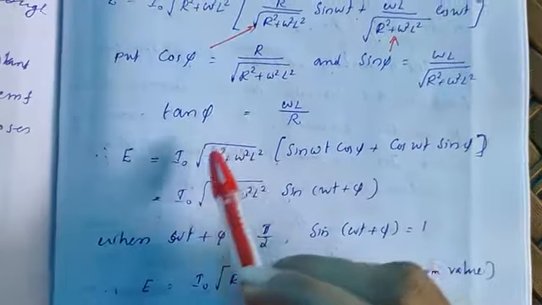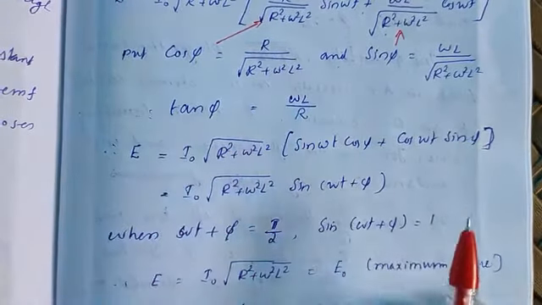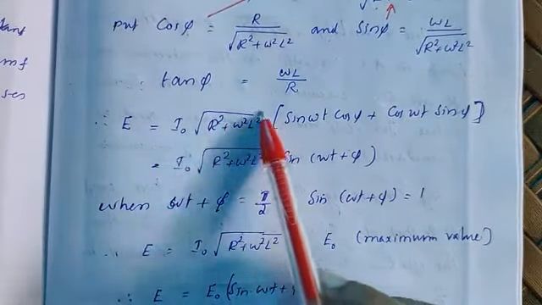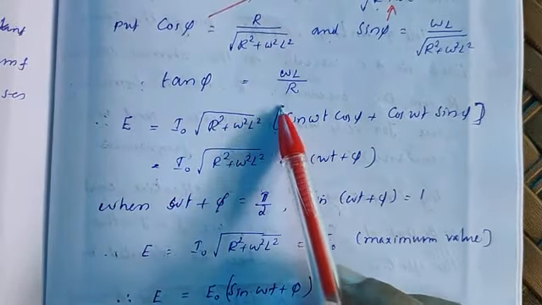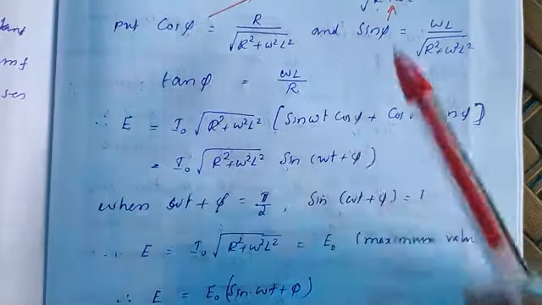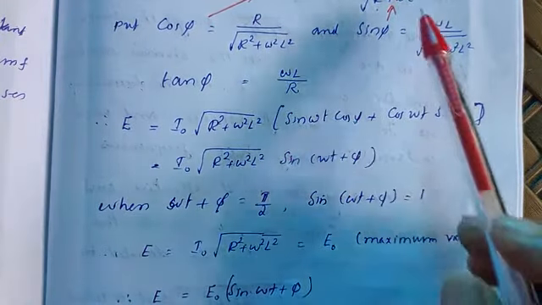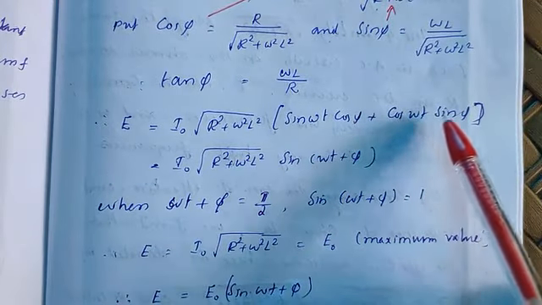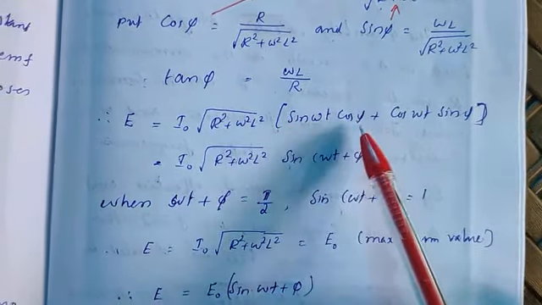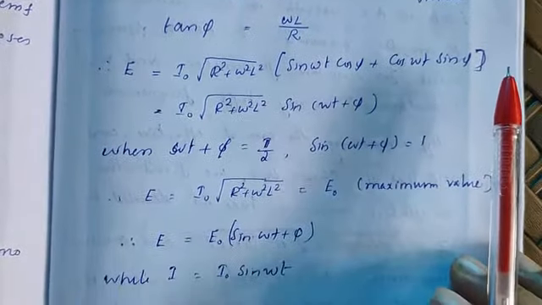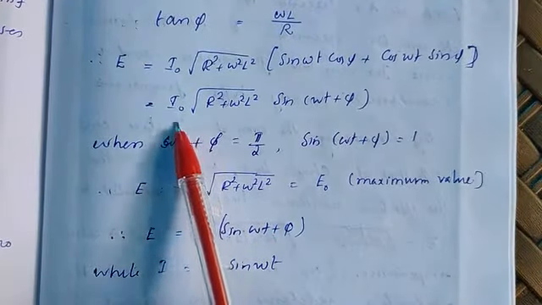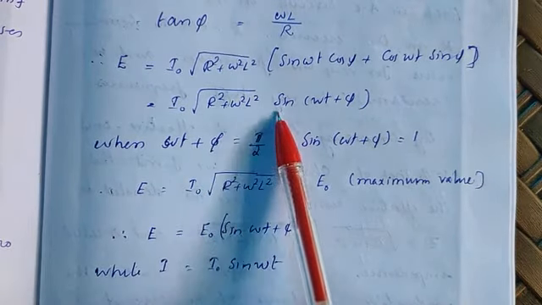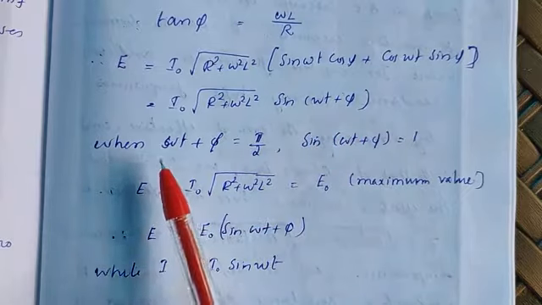From these two we will get tan phi as omega L by R. So this equation becomes I0 into square root of R square plus omega square L square into sin omega t cos phi plus cos omega t sin phi. This is the sin A cos B plus cos A sin B form, which is nothing but sin A plus B. So this equation is reduced to I0 into square root of R square plus omega square L square into sin omega t plus phi.